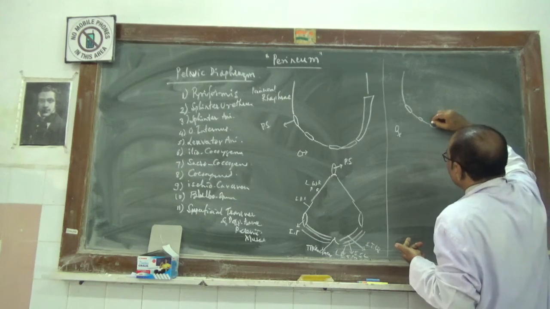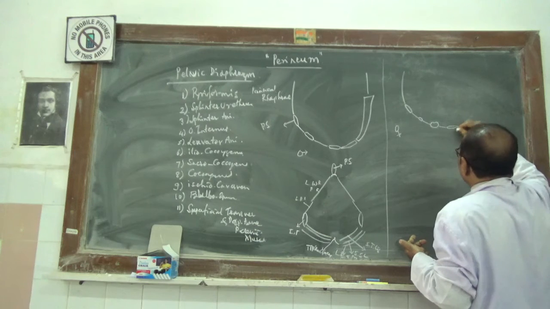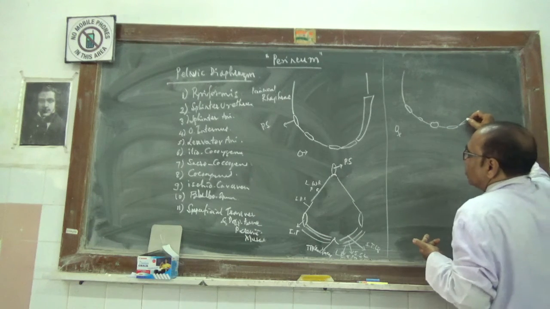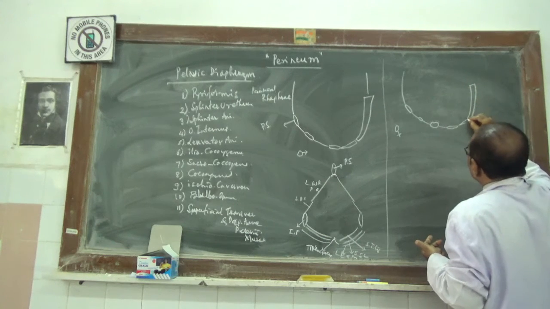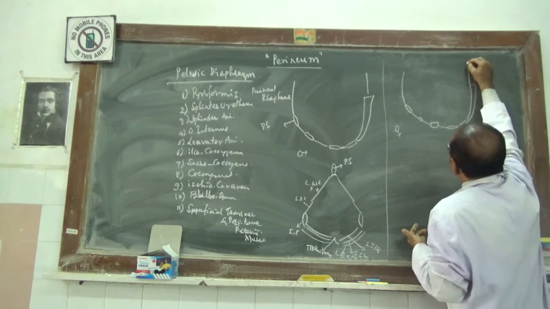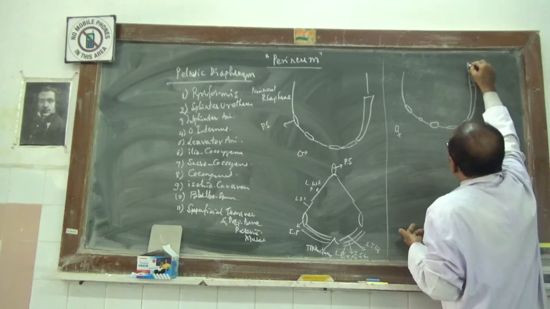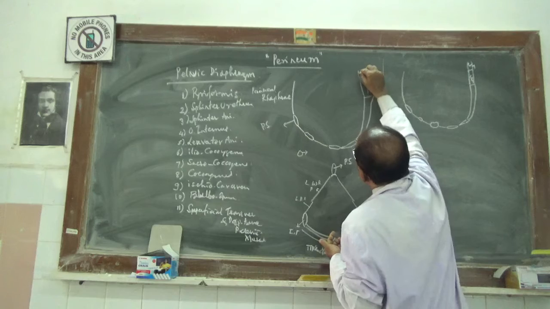This is the genital orifice. This will be the anal orifice. This will be the tip of the coccyx. This is the sacrum. This is the lower part of lumbar vertebra 5, and this will be lumbar vertebra 4.